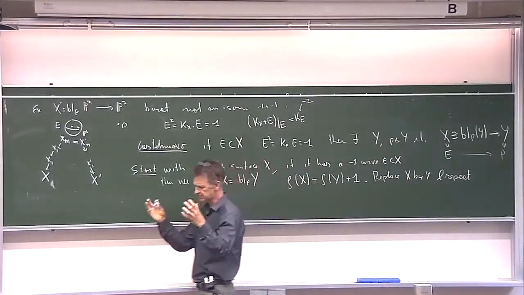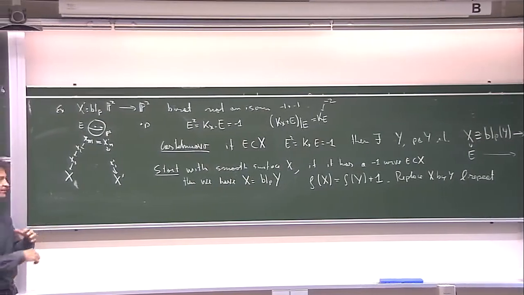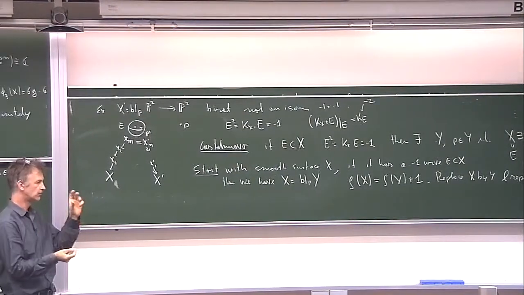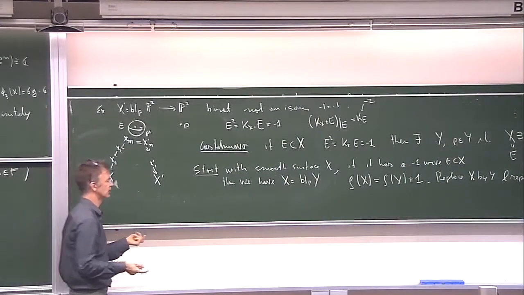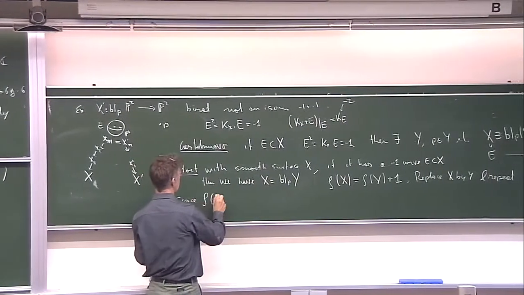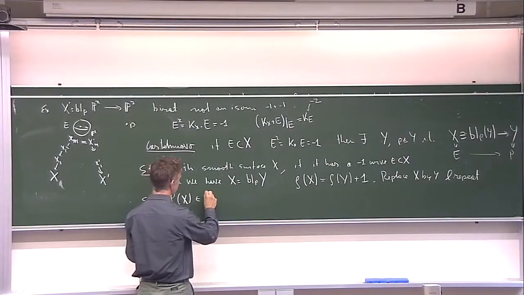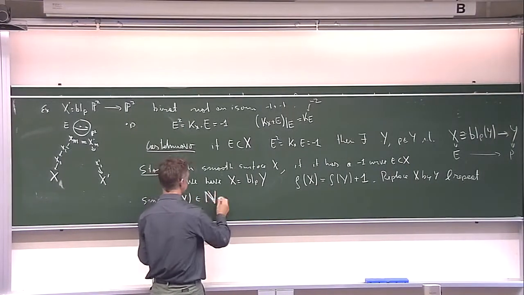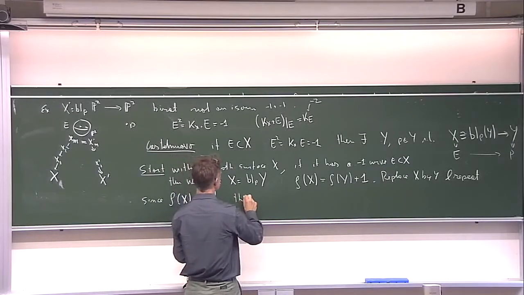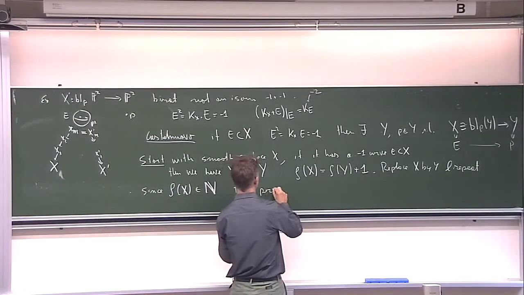So you're starting from a smooth surface. There either are no -1 curves, or there's at least one -1 curve. You blow it down, and you repeat the procedure. Now, since the Picard number is actually a positive integer, this procedure can't go on indefinitely. This procedure terminates.